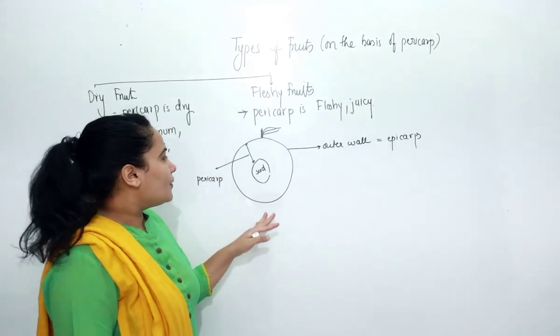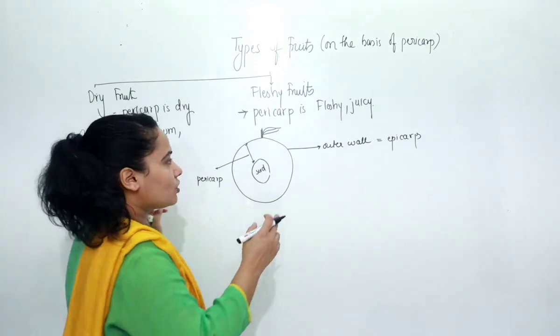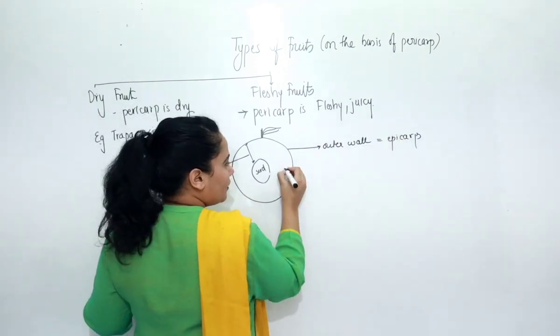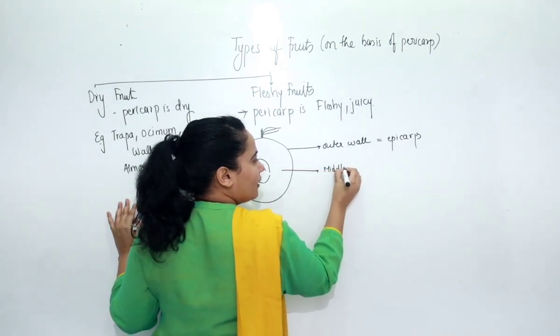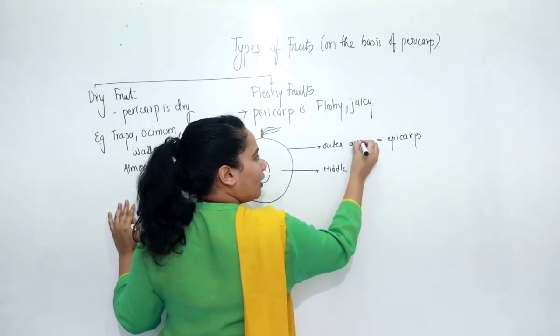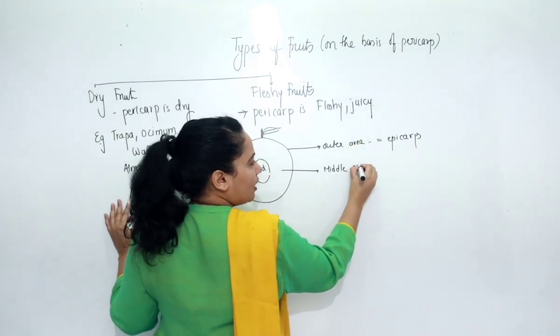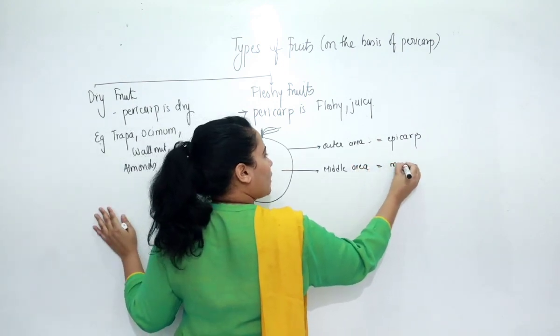Now, pericarp is differentiated into three different layers. The outer wall is epicarp, then this comes as the middle wall or the middle layer. So we'll write outer region, middle wall. We can call it mesocarp.